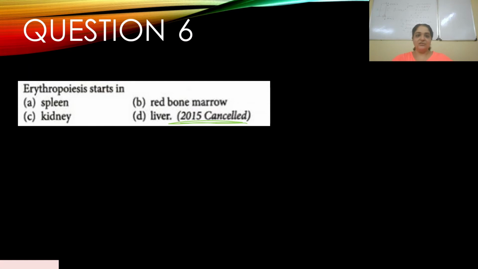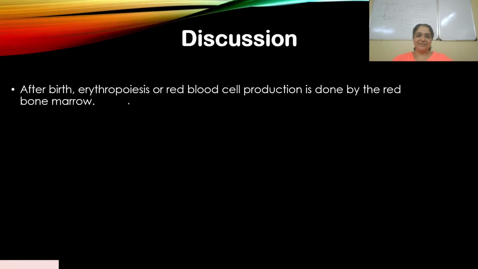So erythropoiesis starts in red bone marrow, in adult human beings. But we look at the difference there, there are other places also.